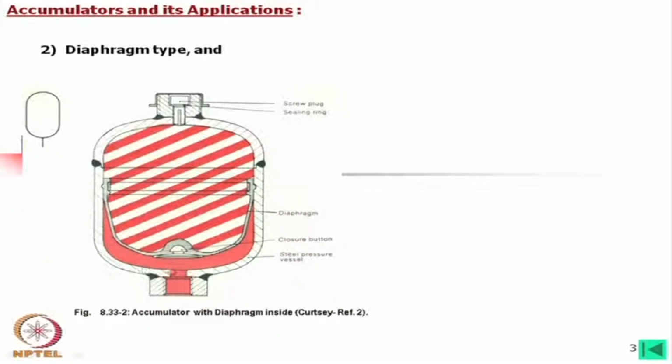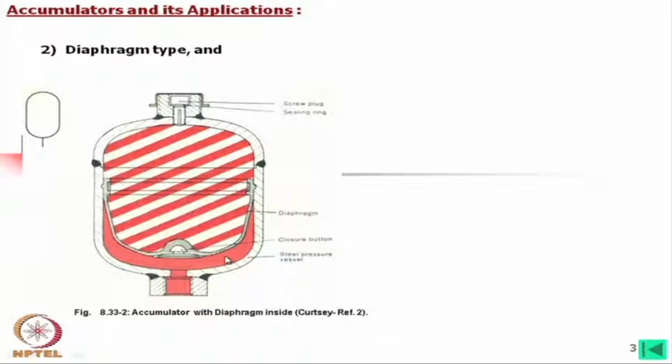So, what will happen when excess oil is pumped into this accumulator? This will contract a little bit and the gas volume will also contract, and then when this oil is again required by the main system, this will expand and the oil will be pushed into the main system.